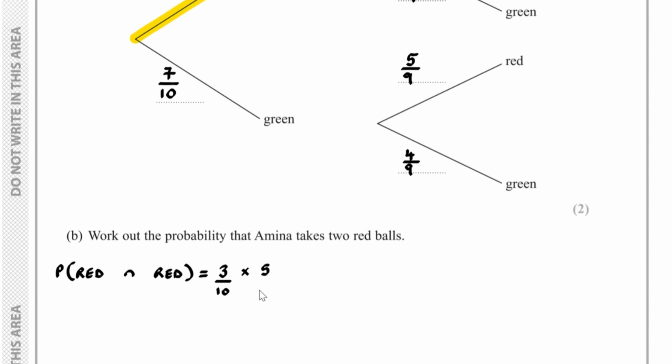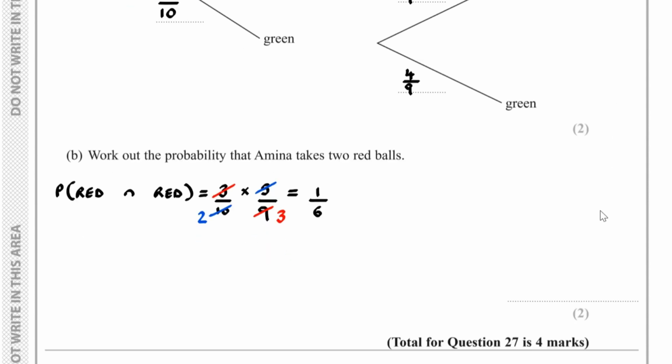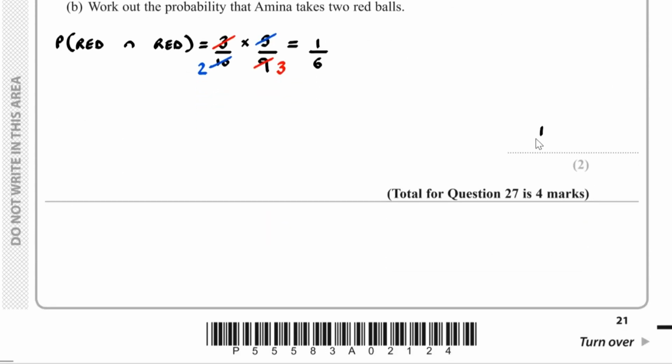Now let's see if we can simplify this. The 3 cancels with this 9 3 times, and the 5 cancels with this 10 twice. So what we are left with is a half times by a third, which is 1/6. So the probability then is equal to 1/6.